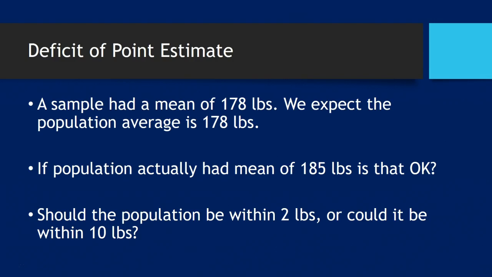Would that have meant our sample was really bad? Or would that have been within reason? In other words, when I have a point estimate, should the population be within like 1 or 2 pounds of the point estimate, or should the population be within 10 to 20 pounds of the point estimate?